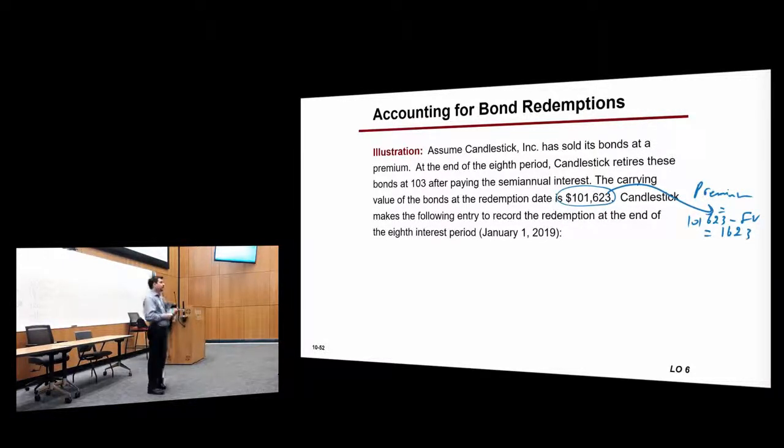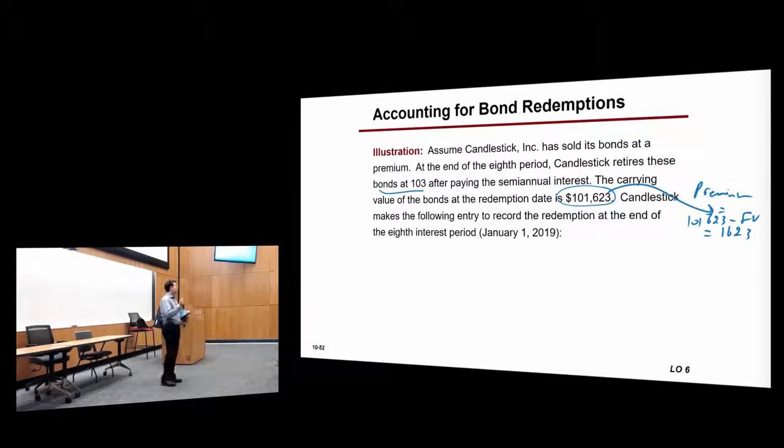When the company is redeeming the bonds, they retire their bonds at 103. So how much did the company actually pay in cash? Is it 100,000? Is it 103? Is it 101,623? Thanks, Imran. It's 103. Okay? So it's 103,000.